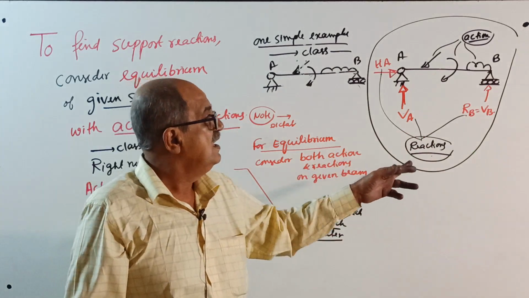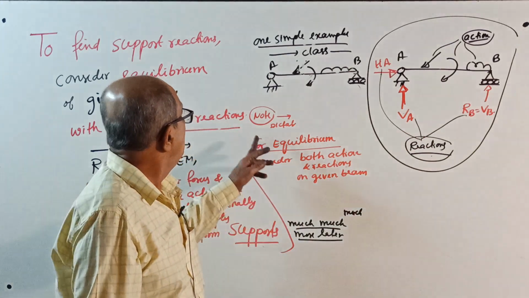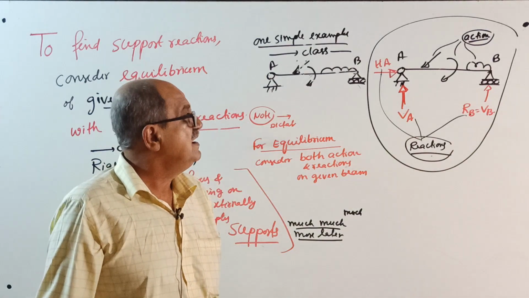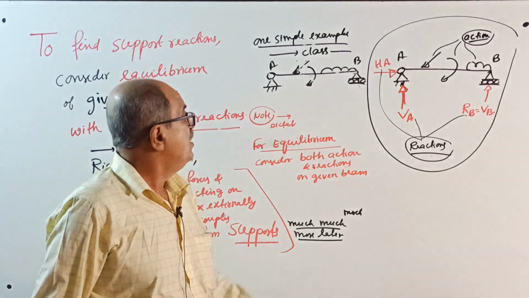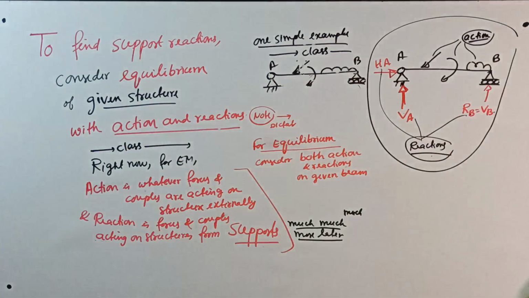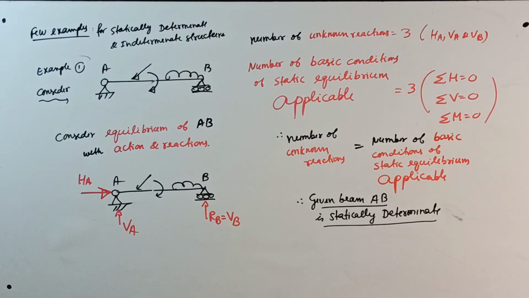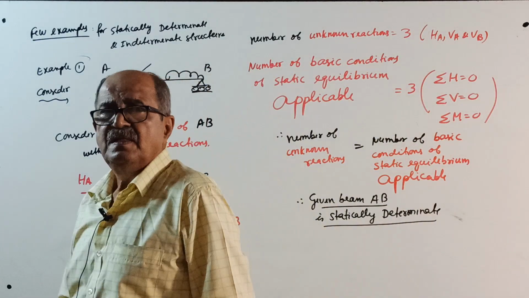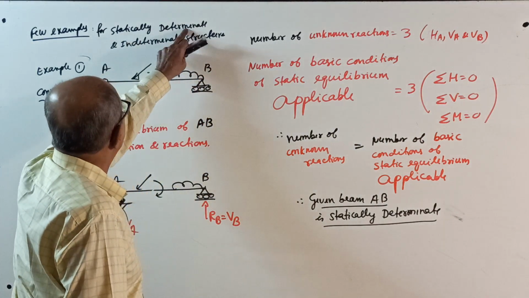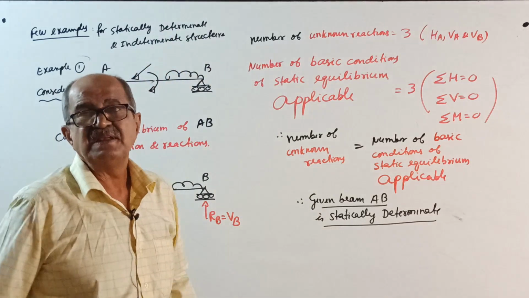Okay, now I will give one more example. I will give you determinate and indeterminate now with a beam example. Now, a few examples for statically determinate and indeterminate structures.